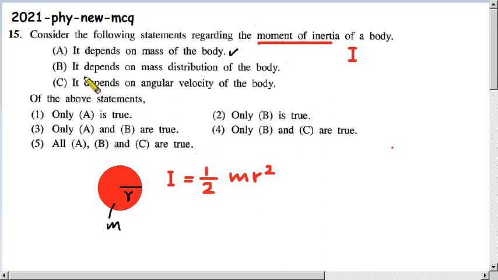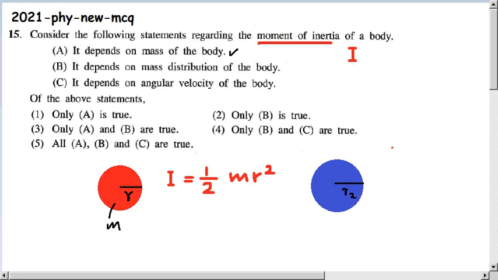And also it depends on mass distribution of the body. What is distribution? Distribution is r. Because if we take another disk, say it is thinner than the first one, so it has a larger radius than the first one, say the radius r2.